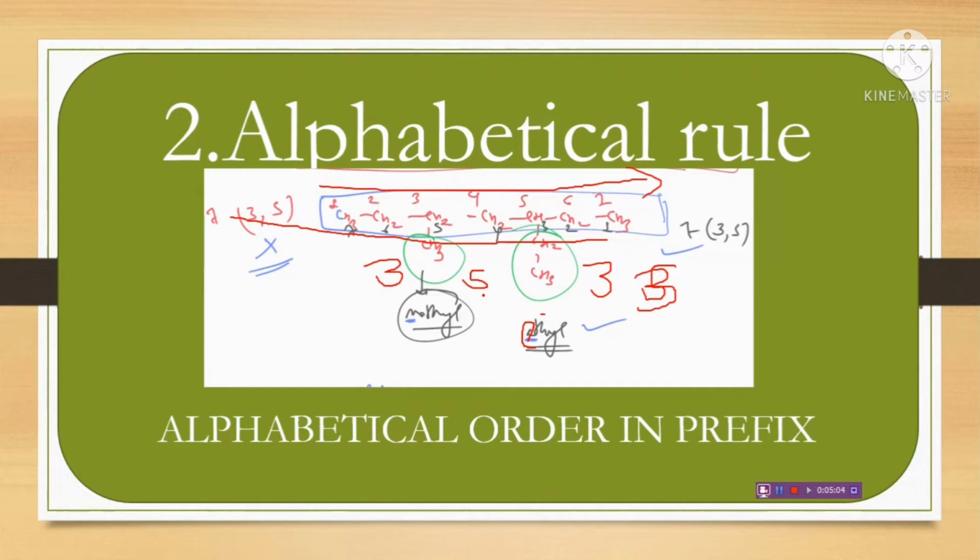So what do we need to consider? As we said, we give preference to the one that comes first in alphabetical order. Therefore, we will give preference to ethyl, and ethyl we will give 3, and for methyl we will give 5.